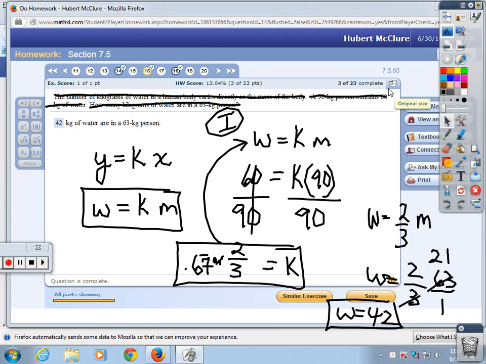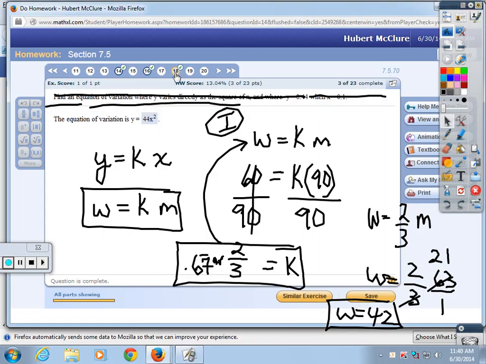Now, some physics teachers will fuss at me for saying that because weight is mass times gravity. So you plug in mass as 90 and you plug in the water as 60. And then I think you just had it crisscrossed. That's what I did. Yeah.